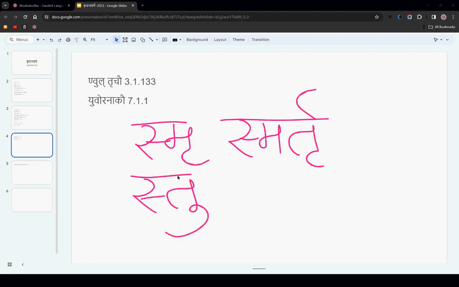Add trich, we have stotru, where it changes to guna there. Stota, stotarau, stotaraha, one who praises. Same thing, like shrotru, shrota, shru dhatu, shrotru.